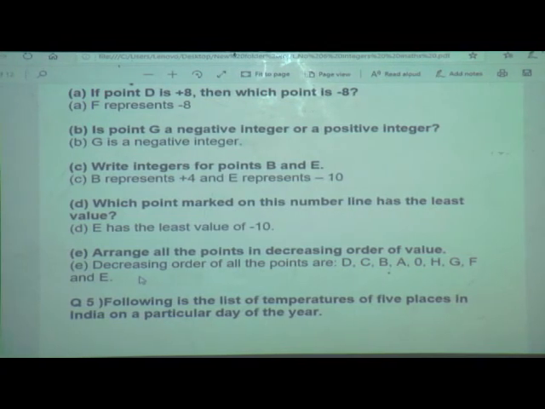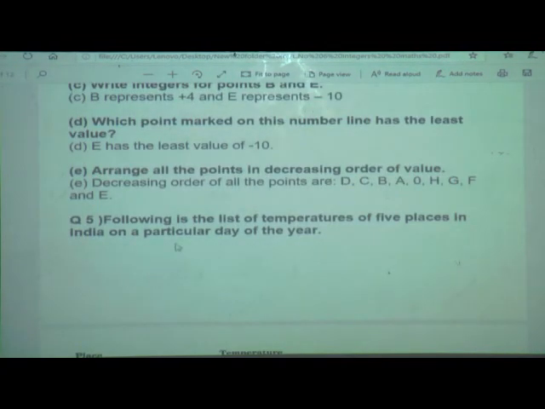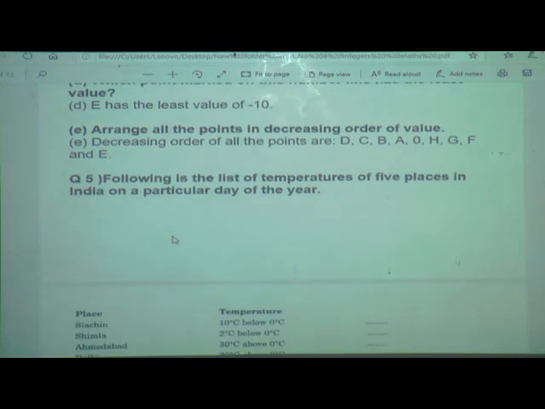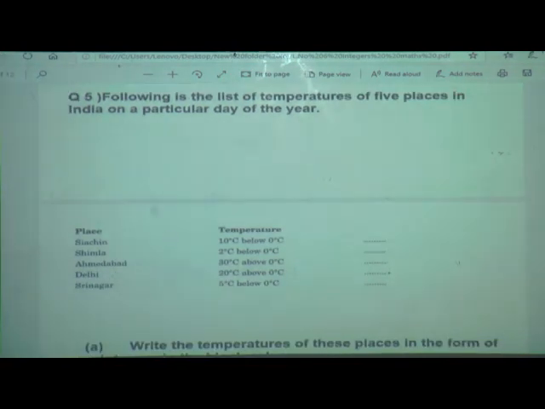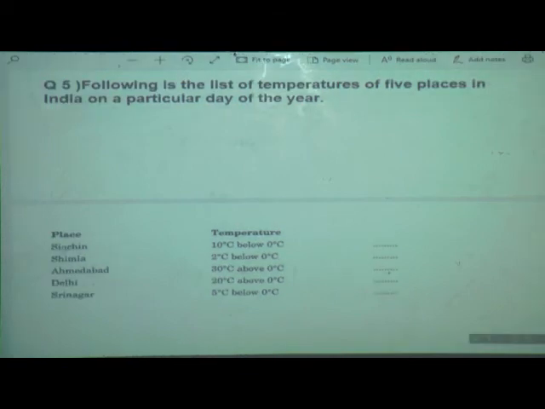You can see here, following is the list of temperatures of 5 places in India on a particular day of the year. Okay, see, the place is given and the temperature is also given. Now there are few different places.